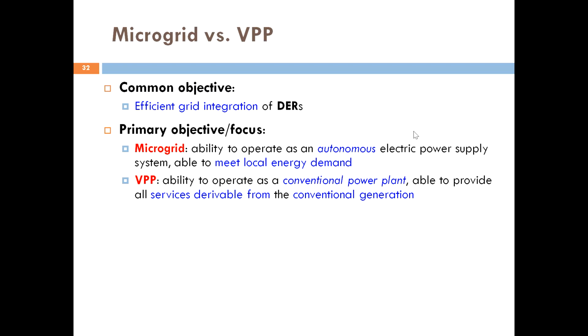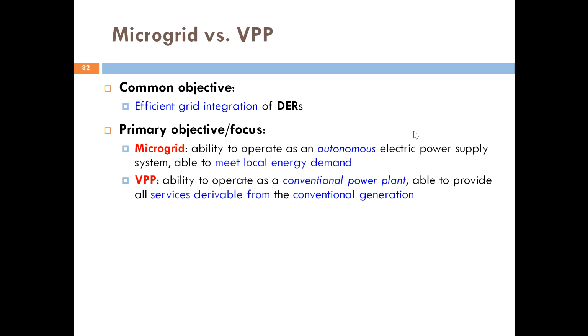When it comes to a VPP, the main focus is on the efficient integration of the DERs into the grid to enable them to have a greater contribution to the whole electric grid. So I hope you can distinguish between those two primary focuses. A microgrid is more localized.